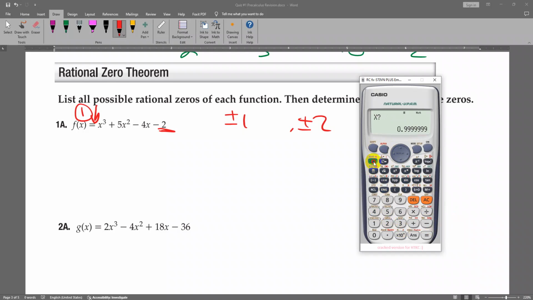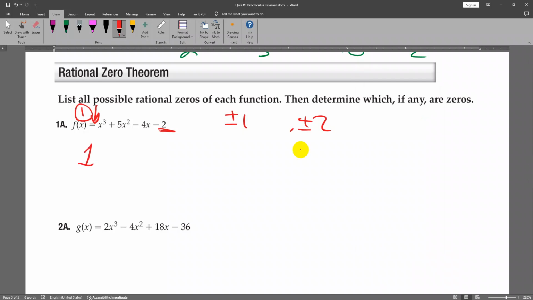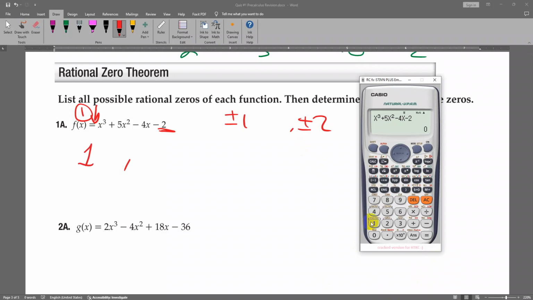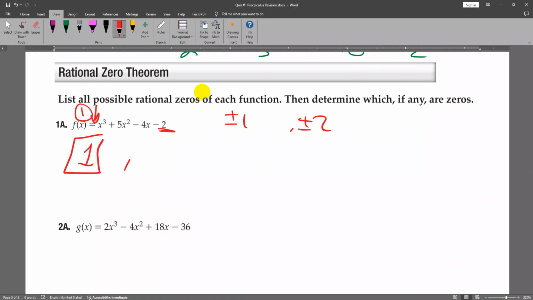And then let's calculate it at 1. It's 0, so 1 is a zero. Let's see what else. Let's calculate it at negative 1. No, it's not 0. Let's calculate it at 2. Not 0. Let's calculate it at negative 2. Not 0. So the only zero is positive 1.